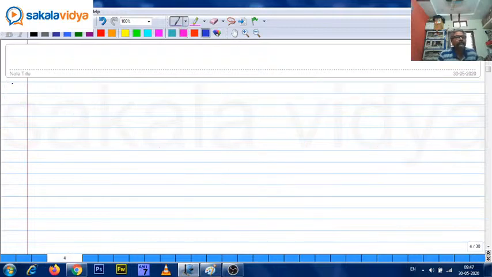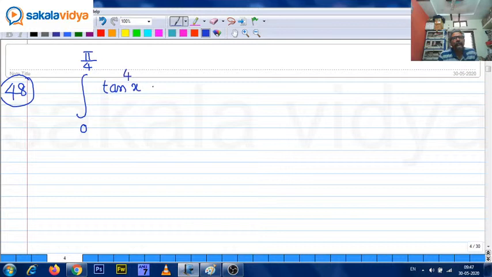Forty-eight question. Integral 0 to pi by 4 tan x to the power of 4 plus tan square x dx equals to.